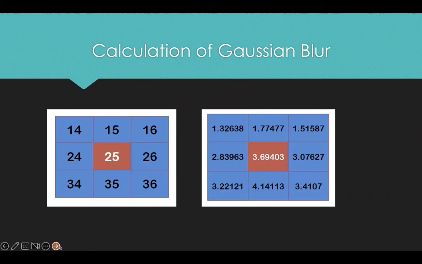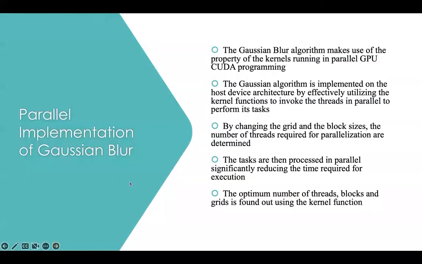Now let's move on to the parallel implementation of the Gaussian blur algorithm. Now some key points in the parallel implementation. The Gaussian blur algorithm makes use of the properties of kernels that are running in parallel in GPU CUDA programming. The Gaussian algorithm is implemented on the host device architecture that we saw previously by effectively utilizing the kernel functions to invoke the threads in parallel to perform its tasks.